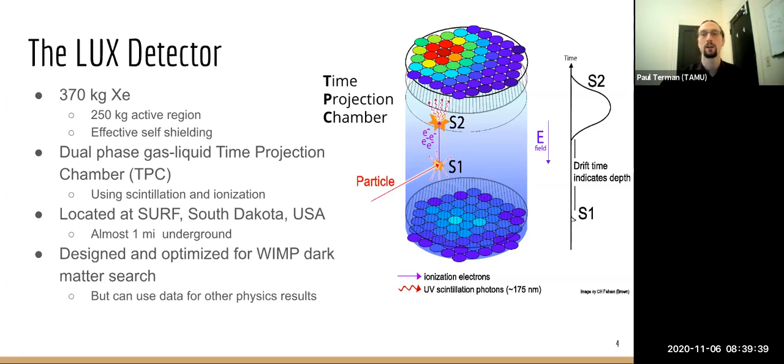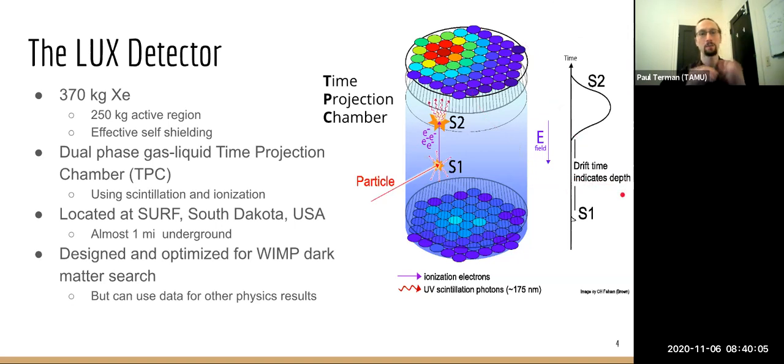That's going to be what we call our S1 signal. At the same time, there are going to be ionized xenon and cast off electrons. Those electrons are then drifted to the gas-liquid interface via an applied electric field. They reach that interface, they are extracted into the gas region, where they produce additional scintillation, much larger signal, going to be called our S2.